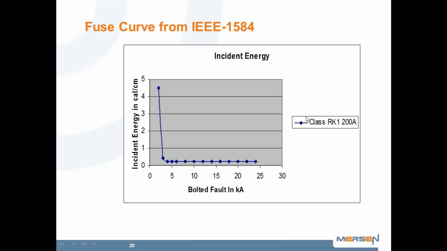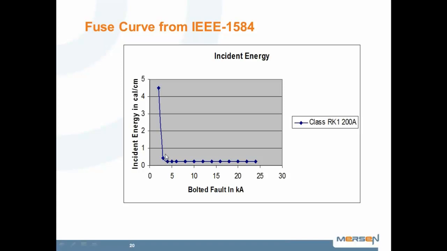The fuse, this is a UL fuse. It's not designated as a part number of any manufacturer. It's RK1 200. So if we see that, maybe 3,000 amps or less, the incident energy will be real low, hazard category 0.